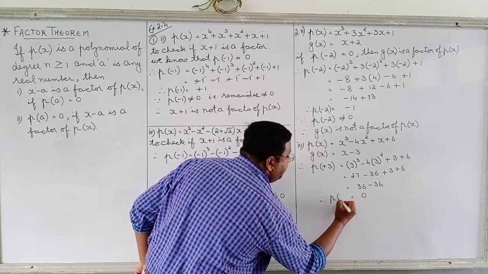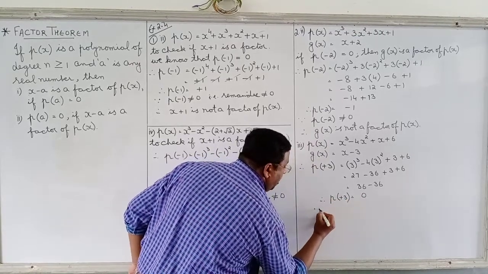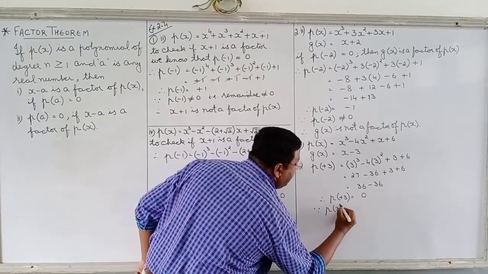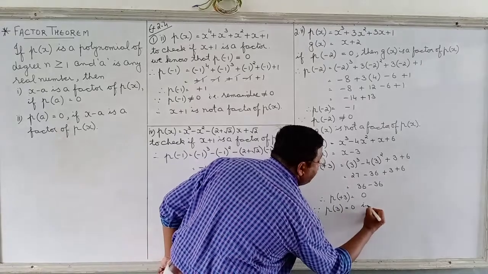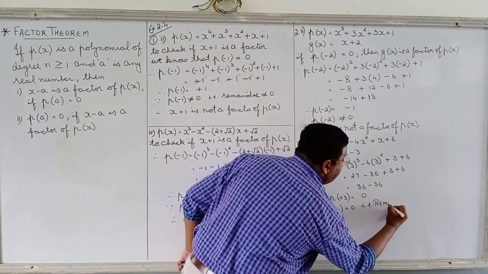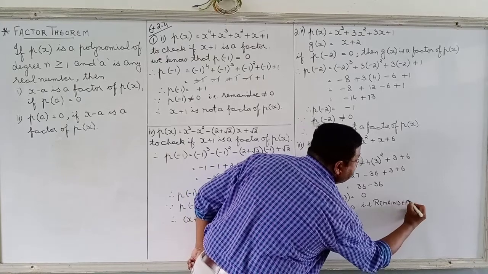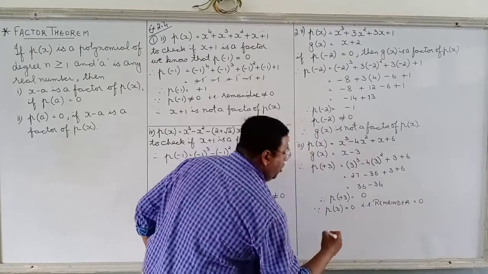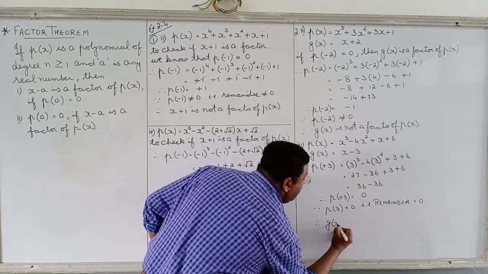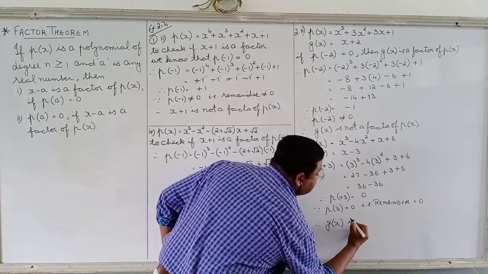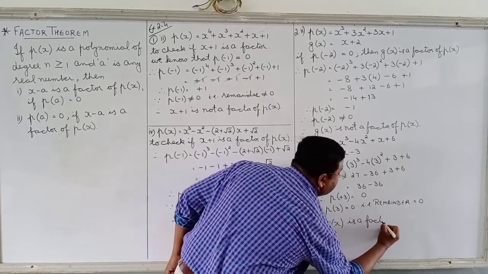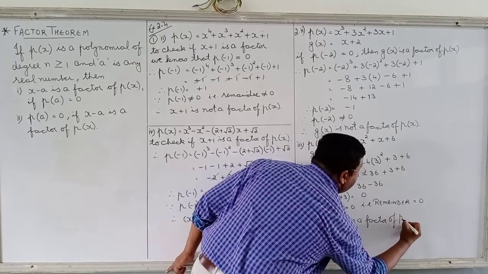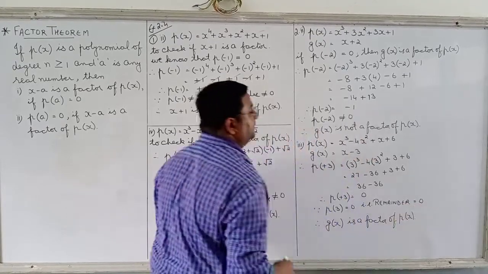Can you see the remainder is coming out to be 0? Because P of 3 is equal to 0, that is the remainder is equal to 0. So therefore, g of x is a factor of p of x.